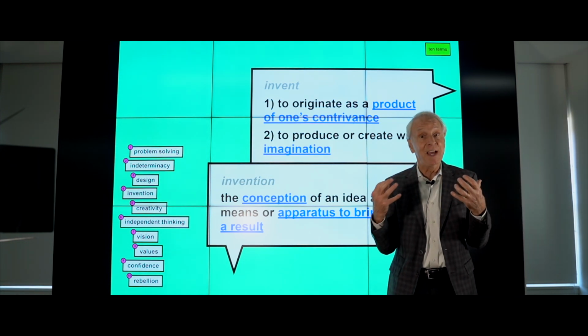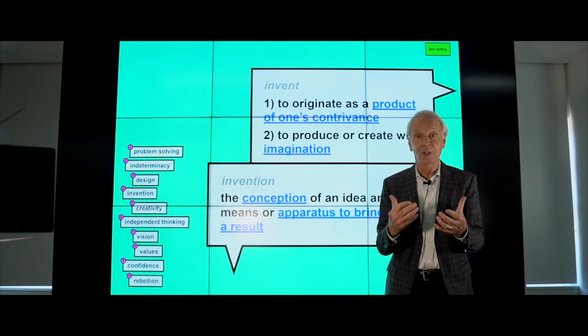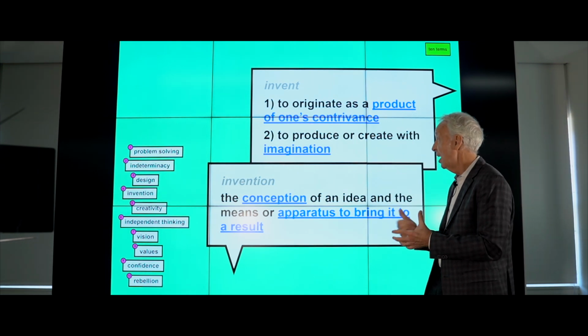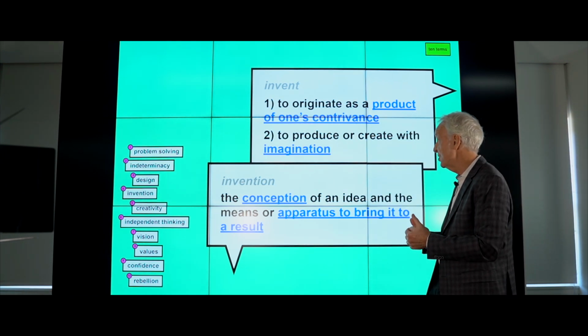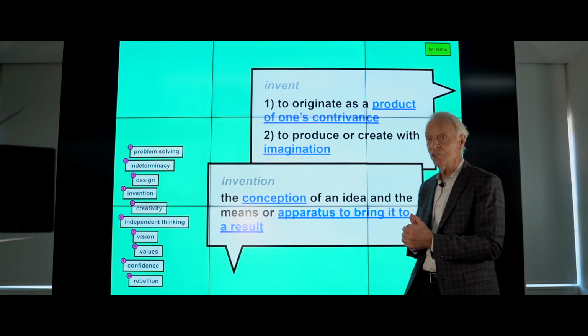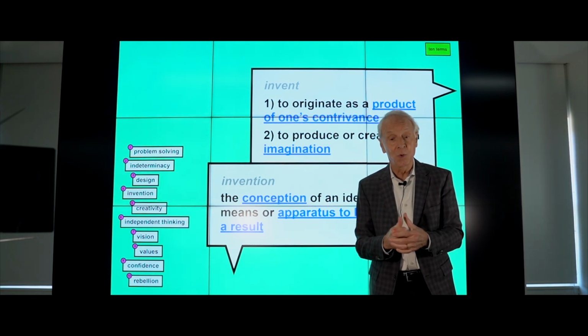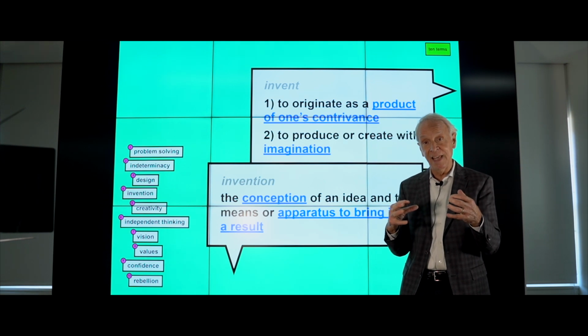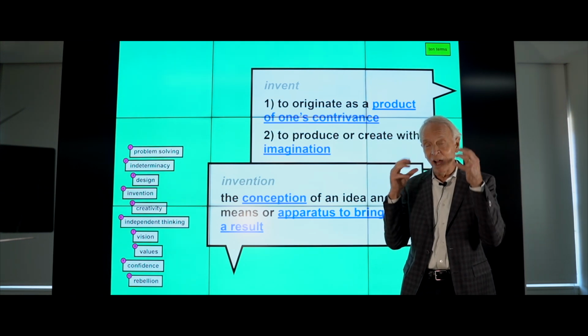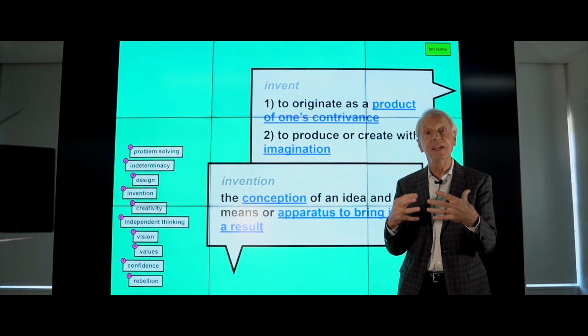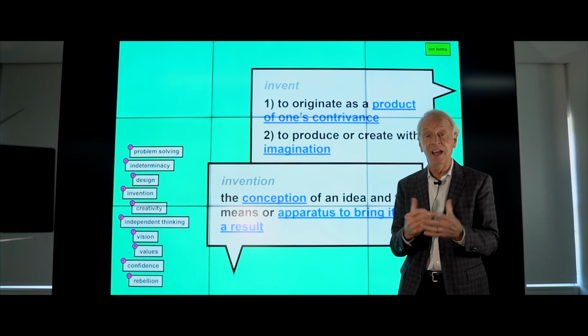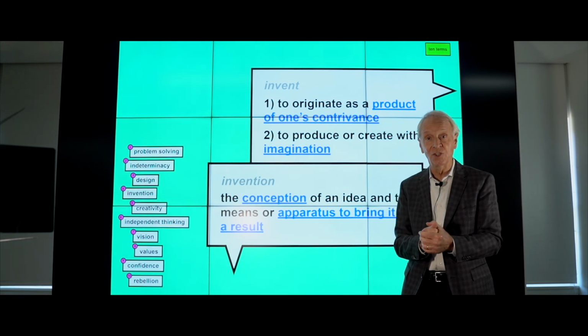It's your own imagination that is important in that kind of invention. The term invention really means the conception of an idea and the means or apparatus to bring it to a result. So we're taking that contrivance in our head and bringing it to some kind of fruition, and that's creating an invention.